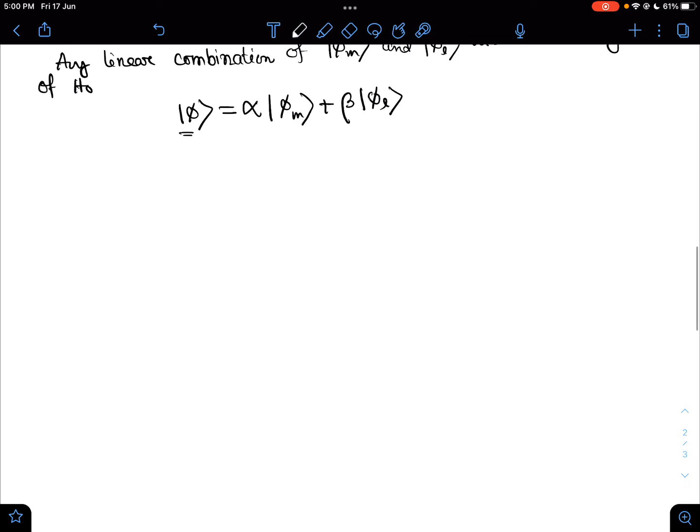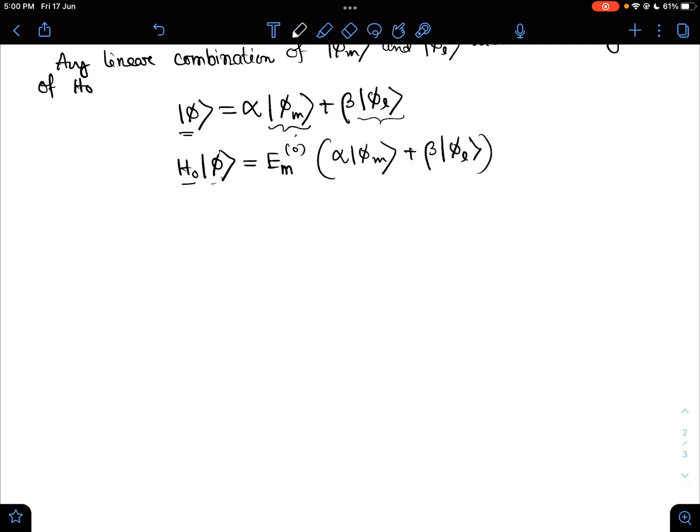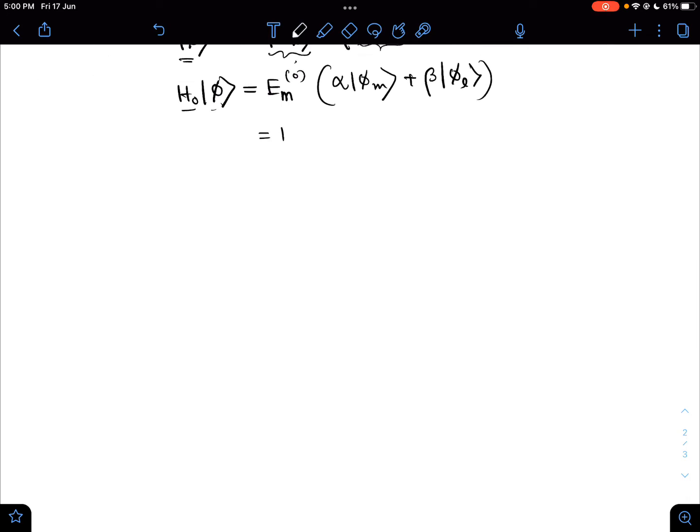This phi is an eigenfunction of H0, because whenever we apply H0 on phi, it will give us the energy value EM0 for both terms. So we can take EM0 outside, and we have EM0 times alpha phi m plus beta phi l, which is equal to EM0 phi. So this phi is an eigenstate of H0.